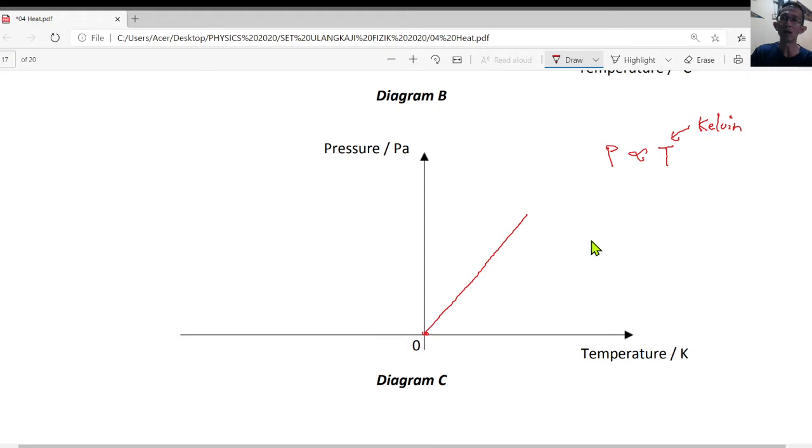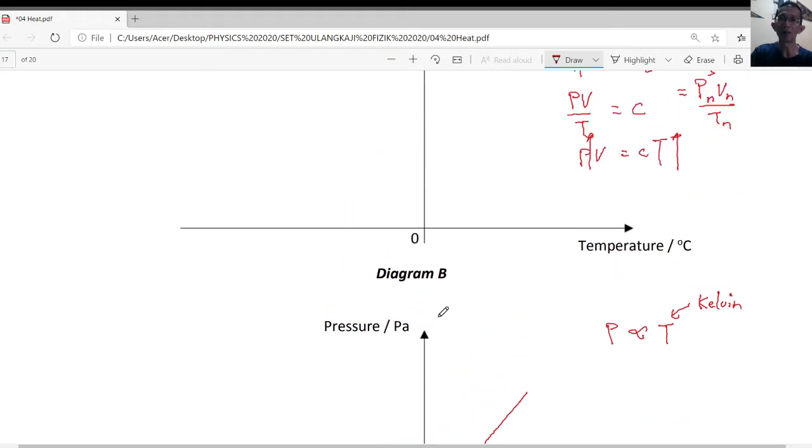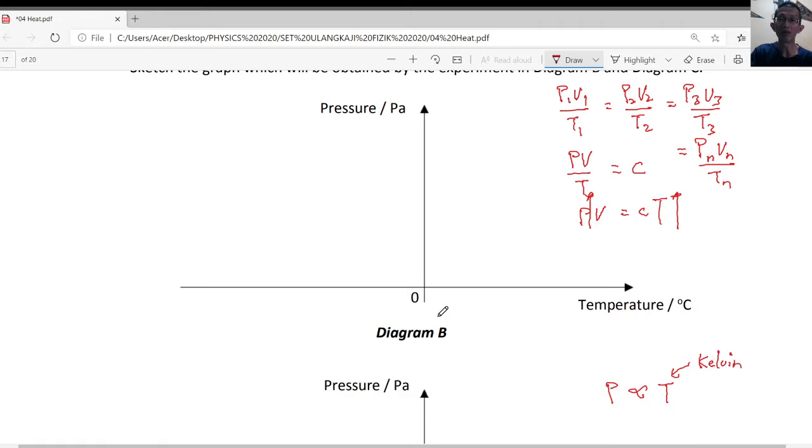But if you are to sketch this on a pressure temperature graph whereby the temperature is in degrees Celsius, it won't start here. Remember that in order to convert degrees Celsius to Kelvin, I have to add 273. So 0 Kelvin will be equivalent to negative 273.